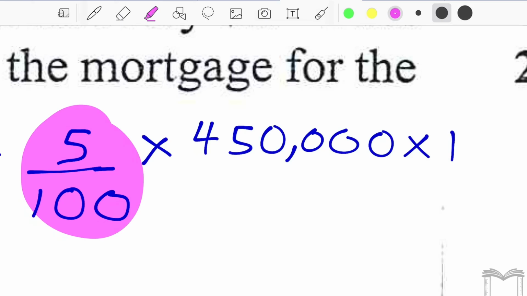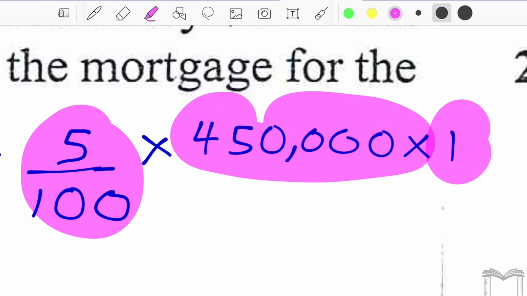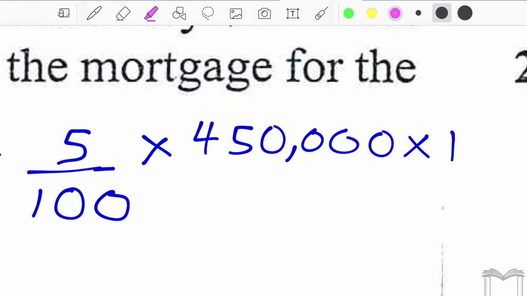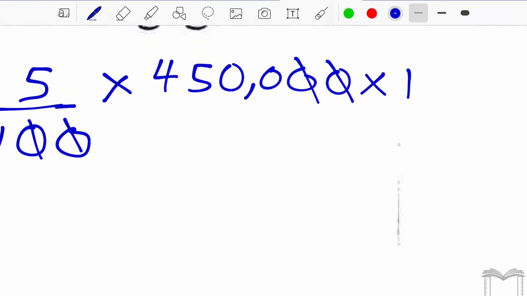So again, it's interest rate by principal by time. So we can cancel the 2 zeros below with the 2 zeros on top. So it's 5 times 1 times 4,500.